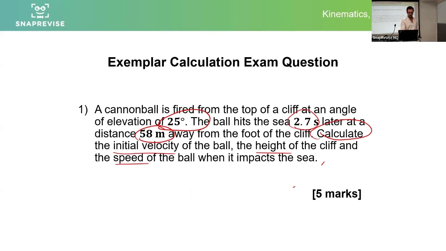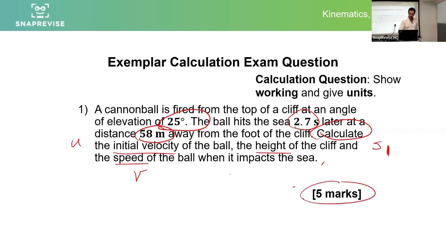So they want S, but specifically in the vertical component, and the total speed of the ball when it hits the sea. That's quite a complex question, so I'm not surprised it's 5 marks.